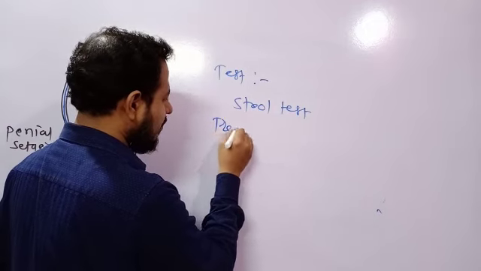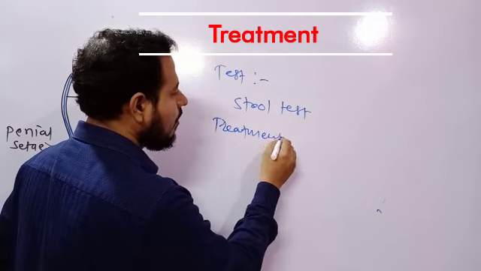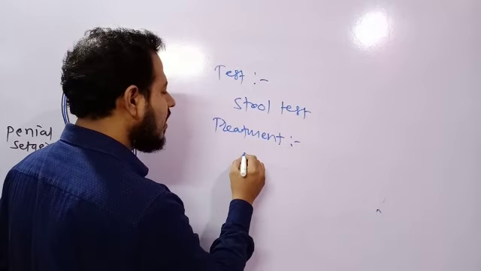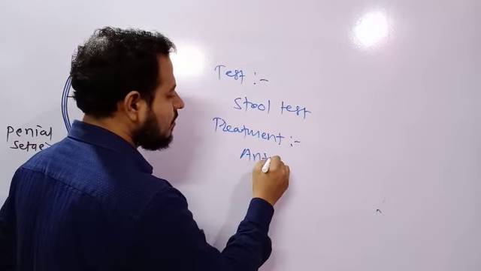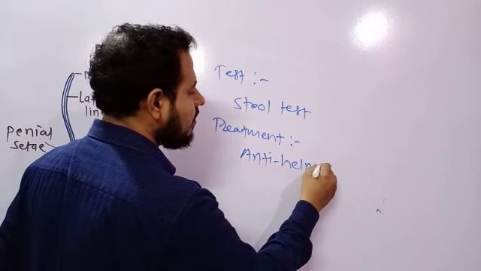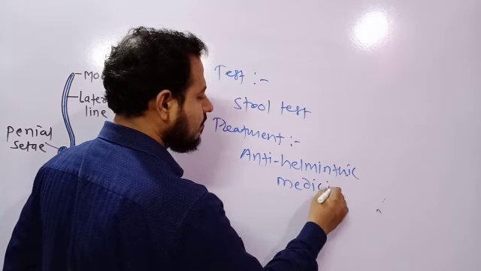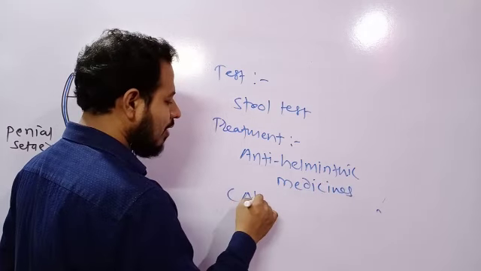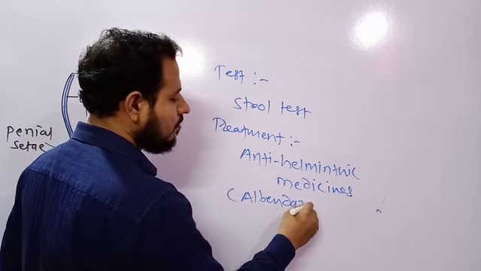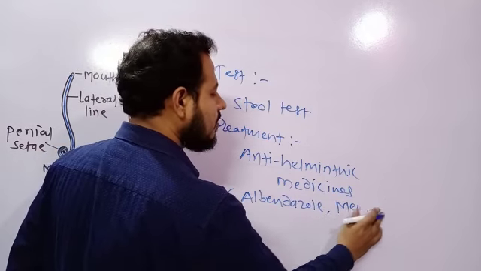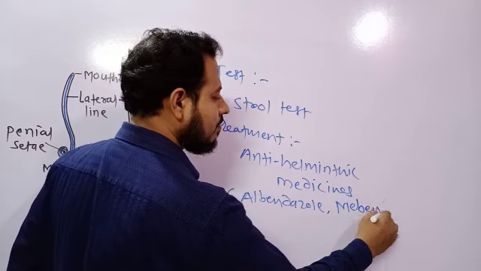And the treatment includes destruction of these worms by anti-helminthic medicines, especially albendazole, ABZ, mebendazole, and similar drugs.